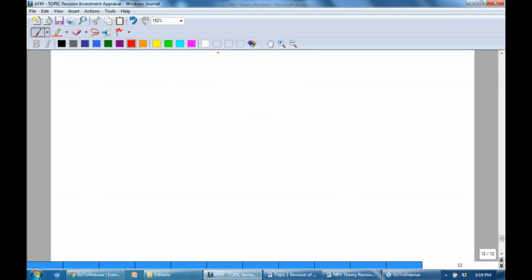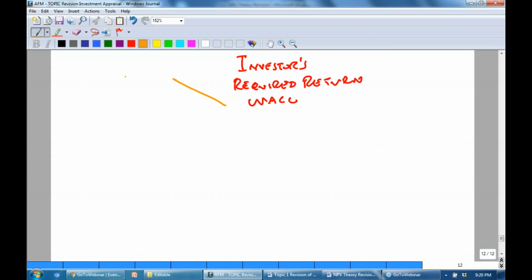A very important question: if the investor required return, which we say WACC, is already covered by the valuation method, then why do we need another method, the capital asset pricing model?